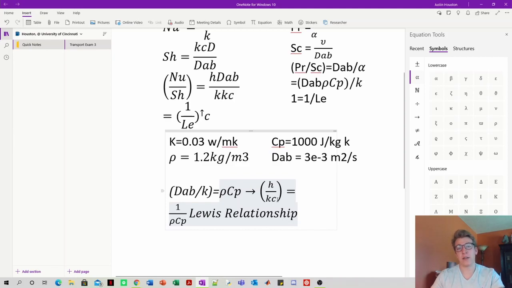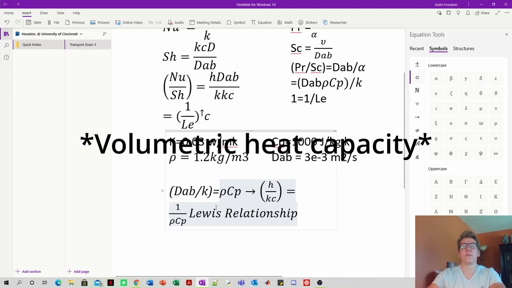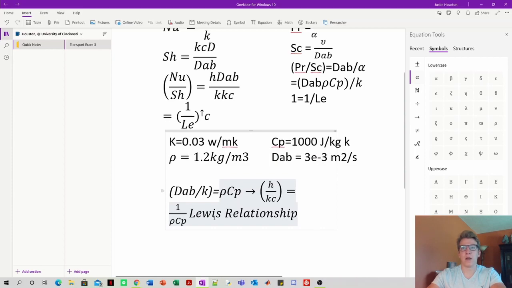And this is basically telling us that that relationship is approximately 1, which is pretty fascinating. And that's basically what the Lewis relationship is here. That heat transfer over the mass transfer coefficient equaling to the 1 over, that is the kinematic volume, I believe. I might be mispronouncing that, but that is the relationship that we were looking for there.